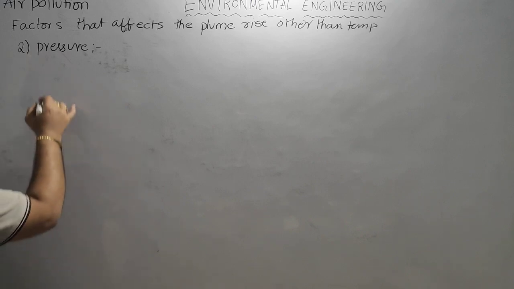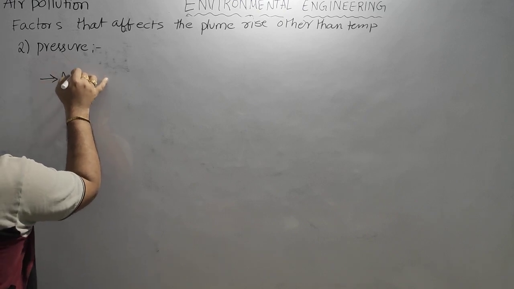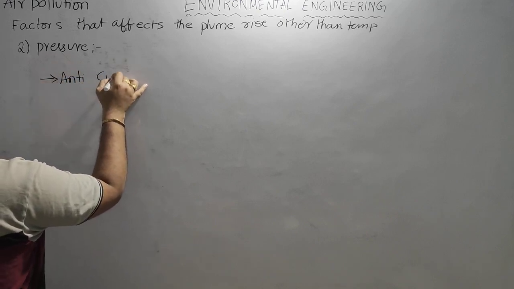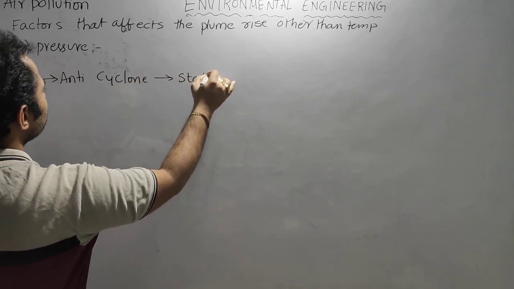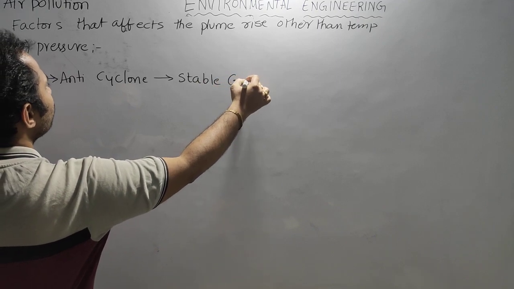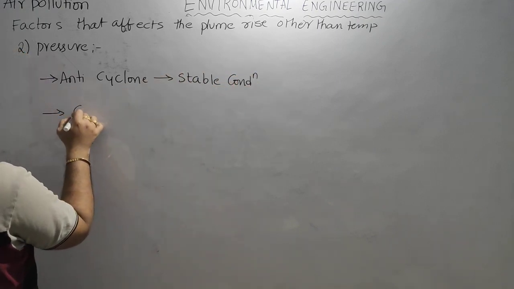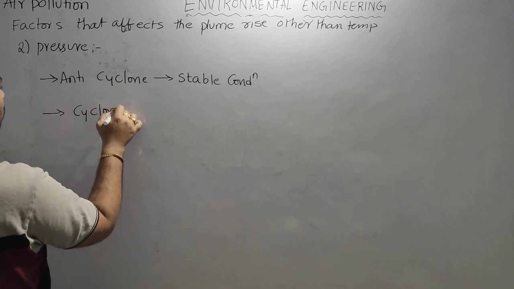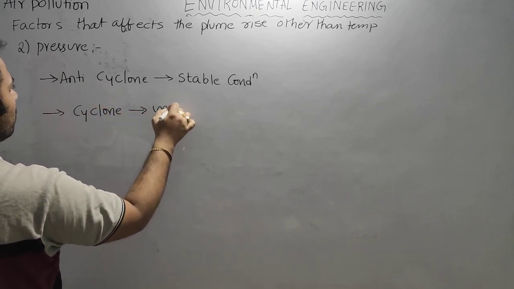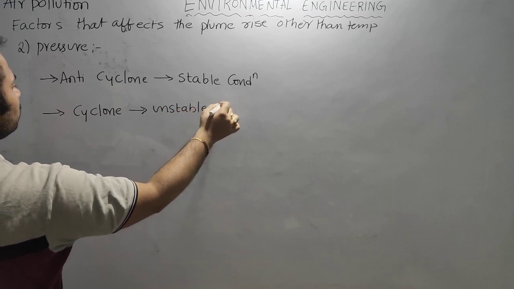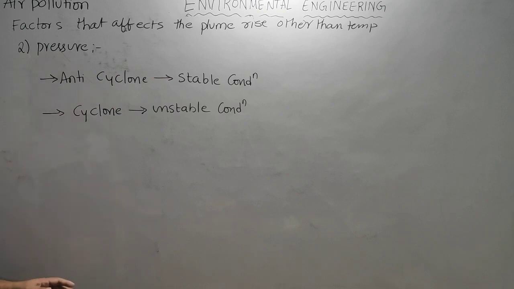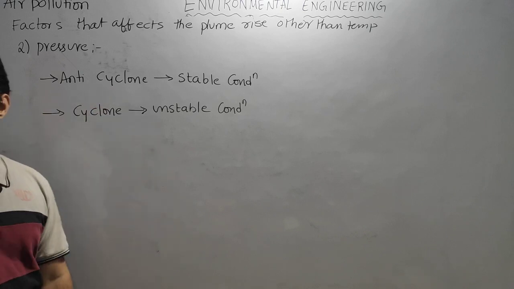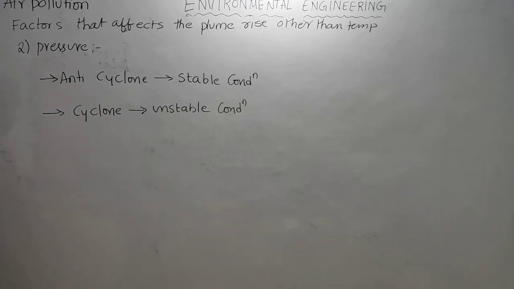That is why we consider the anticyclone as a stable condition, whereas cyclone is an unstable condition. But these things appear only when there is a pressure change. Otherwise we don't consider them, because outside it will be 1 atmospheric pressure only.